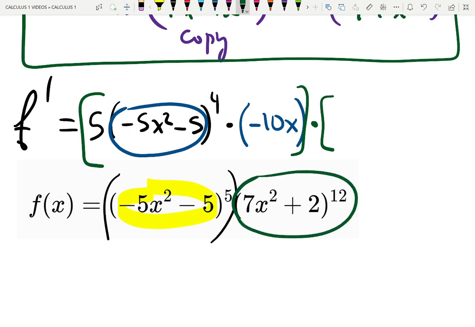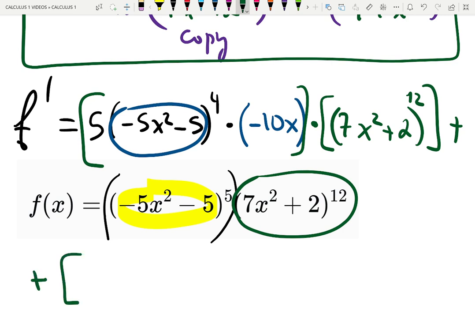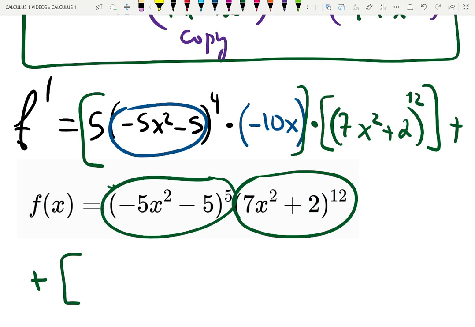Copy the second function, 7x squared plus 2 raised to the 12. Plus, open new brackets. Copy the original function, the first original function, this guy. Minus 5x squared and minus 5 raised to the 5.